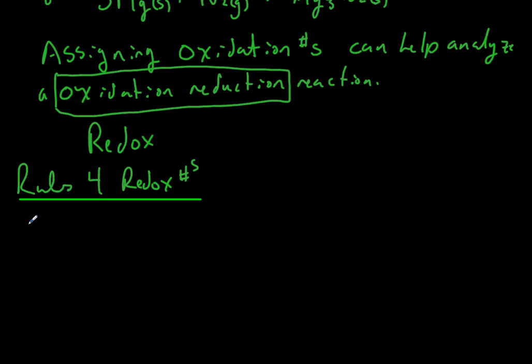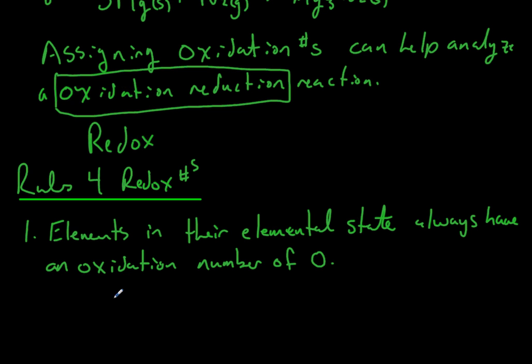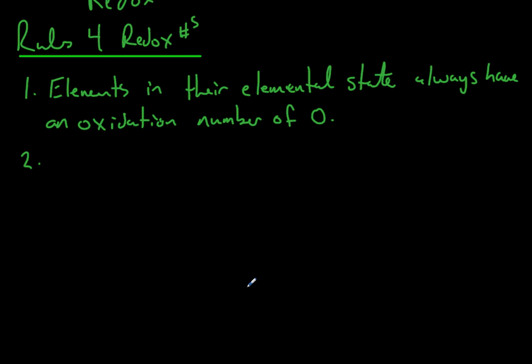The first rule is elements in their elemental state always have an oxidation number of 0. Okay? That makes sense, right? They haven't gained or lost any electrons. They have just what they're supposed to have, and they get a number of 0. Okay?